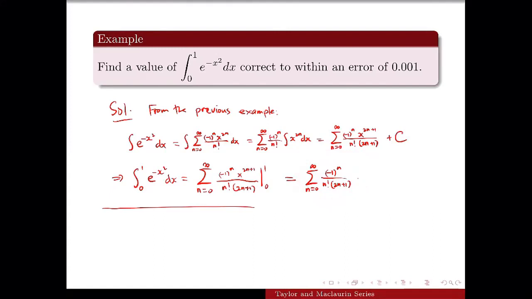We need the sum, negative 1 to the n over n factorial times 2n plus 1, from 0 to plus infinity. This guy here is an alternating series.